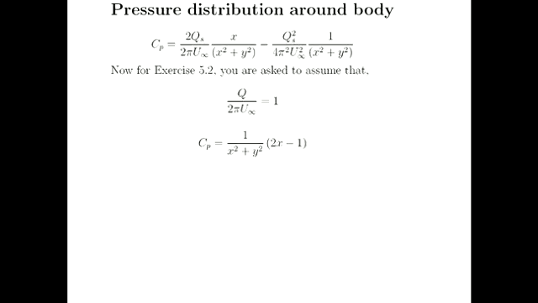You can see that it's got this very simple form for this half-Rankine flow. All right, so at the moment, that's the pressure coefficient for any xy coordinate within that flow field. If I wanted to calculate the pressure coefficient purely on the surface of that half-Rankine body, what would I do?